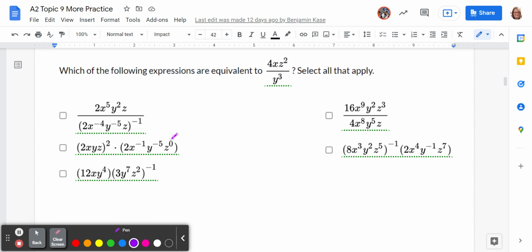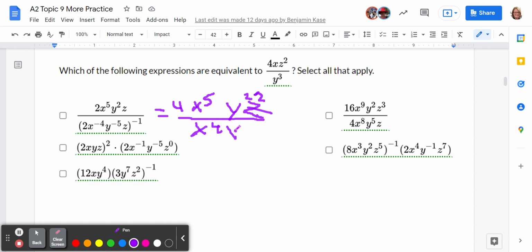Okay, when you do that, when you go ahead and distribute that, we end up with on top, once you move things around, 4 on top, x to the 5th, y squared, z squared. We're going to clear this up after because I'm really bad at writing with this. And on the bottom, we have an x to the 4th and a y to the 5th.